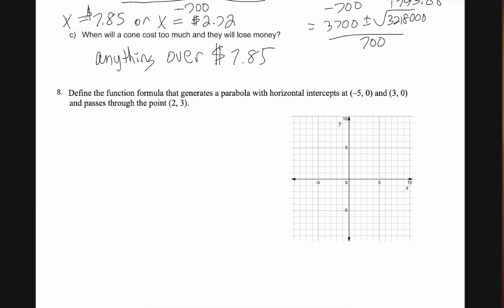So when it gives me intercepts, I am always going to use this version that I showed you up above. So our intercepts are -5 and 3.